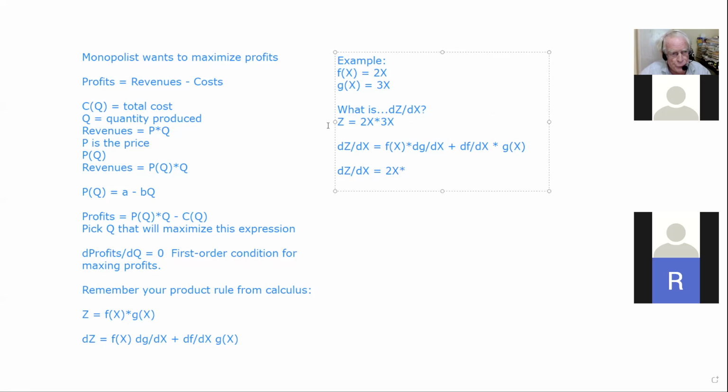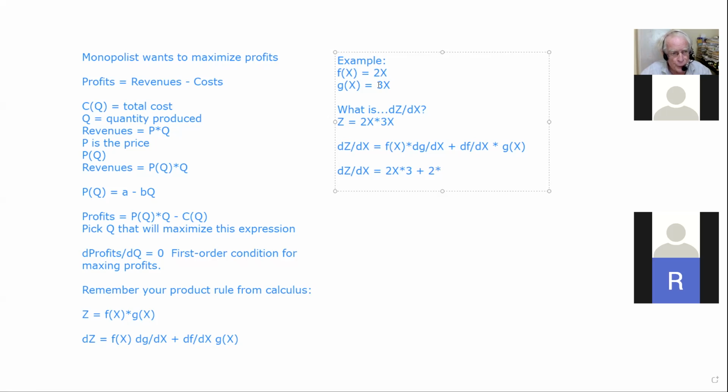And then we will differentiate g with respect to x. And what is that? Just 3. And then next, we will differentiate f and take a times function g of x. Differentiating f with respect to x gives us 2.